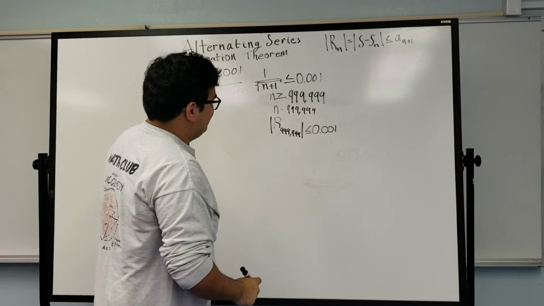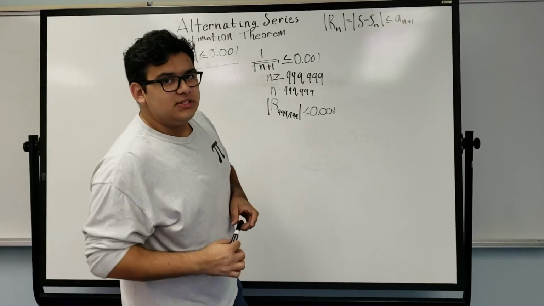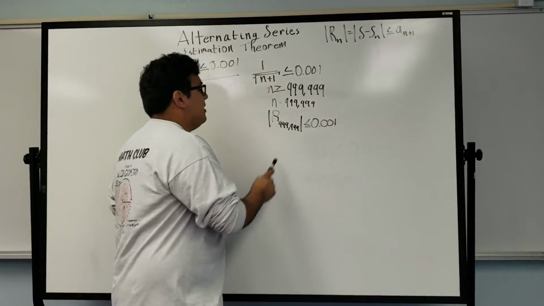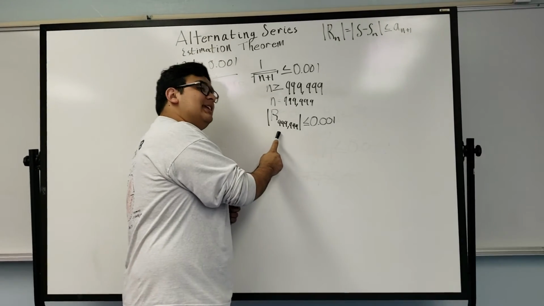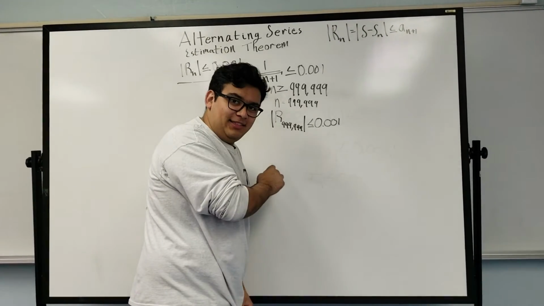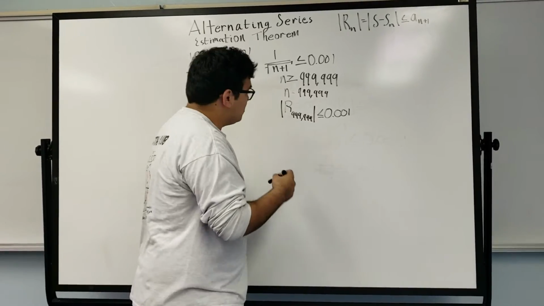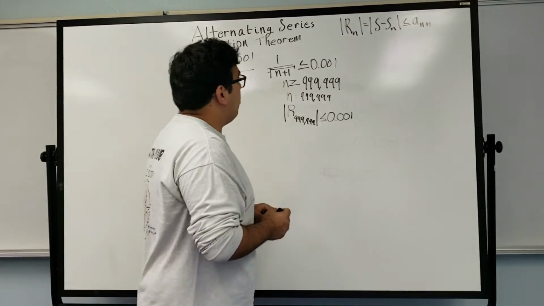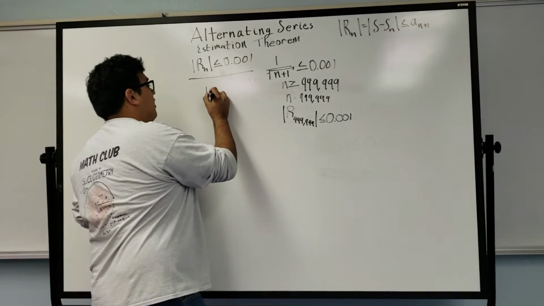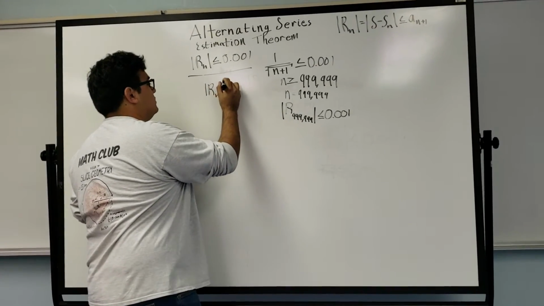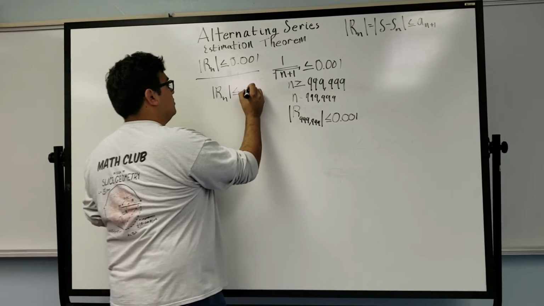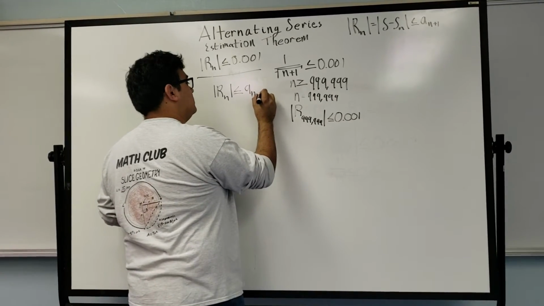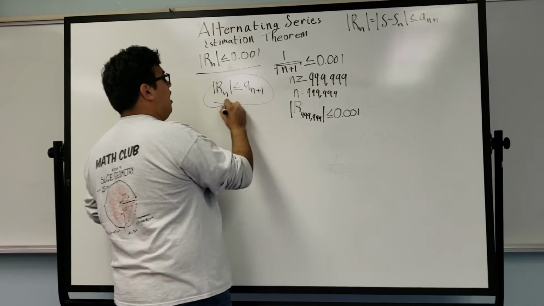So what this theorem tells us is that the remainder of our nth partial sum is less than or equal to our n plus first term of the series.